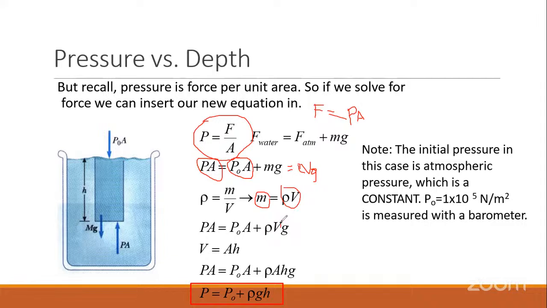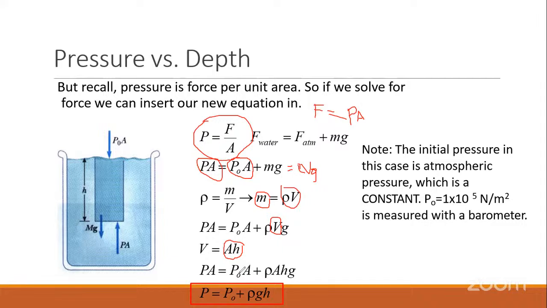Now, we also want to replace volume with this AH. Volume in meter cube, area in meter square, height in meter. So volume can be replaced with area times height.